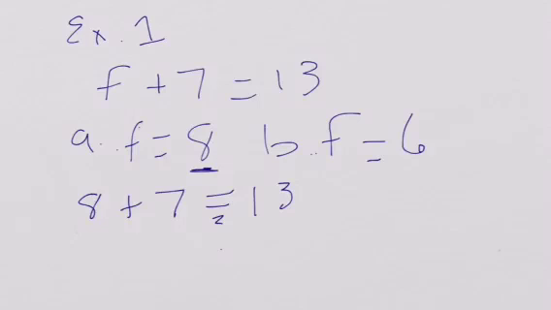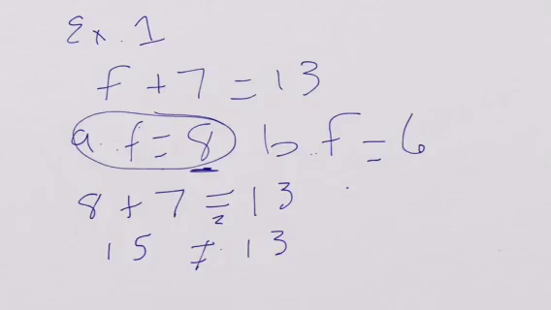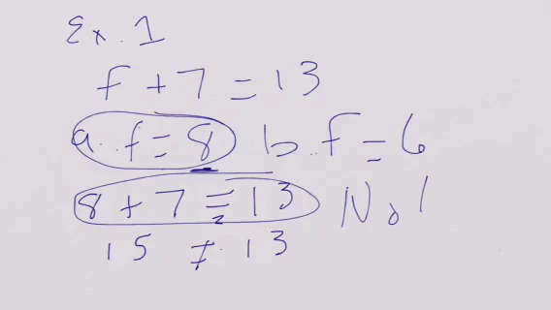Okay, we solve that. 15 does not equal 13. So the equation using that one is not true. This is not a true solution, okay? So that one won't work.